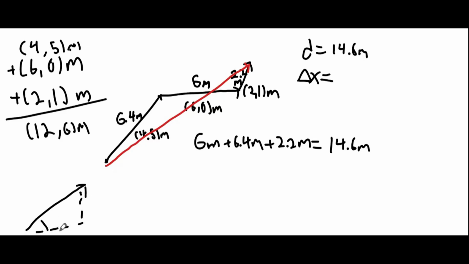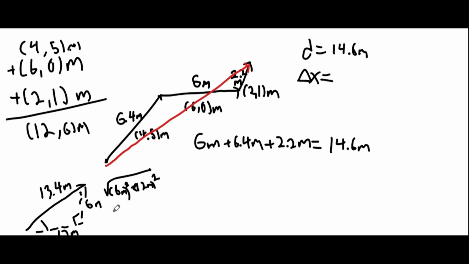And we're also going to need to find an angle because it's a displacement, so we always need a direction. Just using the Pythagorean theorem here, 6 squared plus 12 squared, square root that, you're going to end up with 13.4 meters. That was by square root of 6 meters squared plus 12 meters squared.